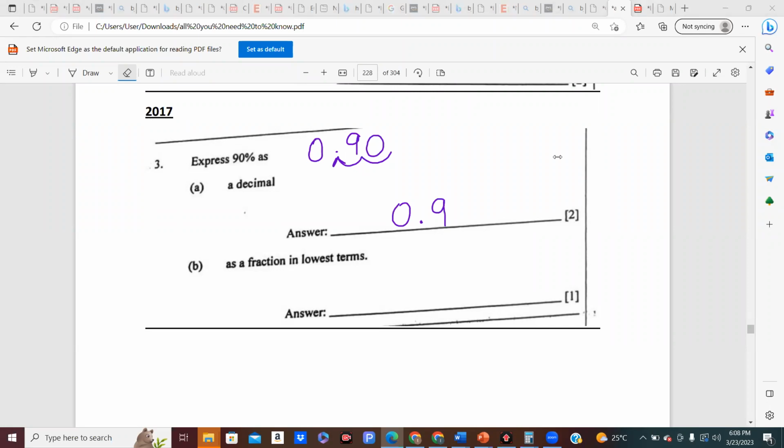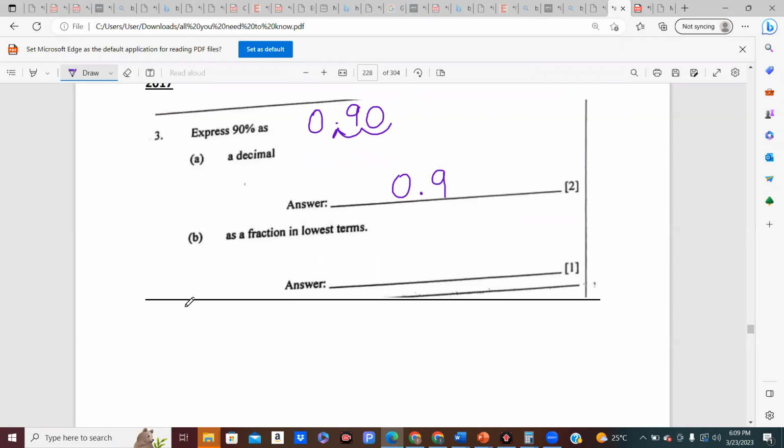Now they want us to express 90% as a fraction in lowest terms. So we're going to take 90. We know that 90% written as a fraction is simply 90 over what? 100.